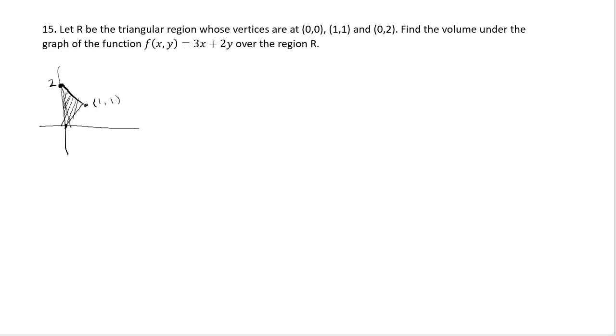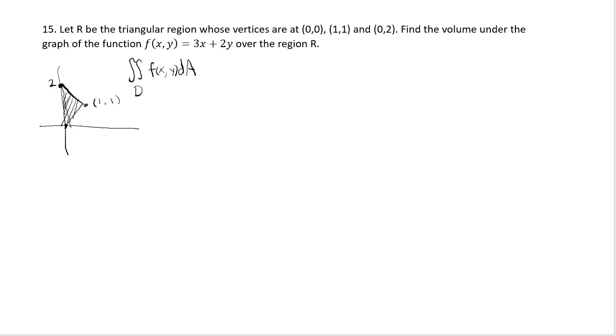Alright, and I have to find the volume under the graph of the function. Basically, the volume under the graph of the function is you integrate over the given domain f(x,y) dA. That gives you the volume. This is what we want to compute.